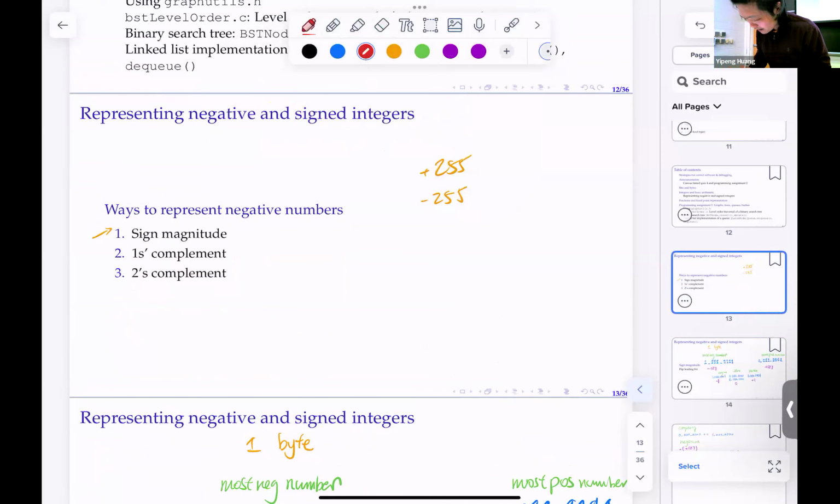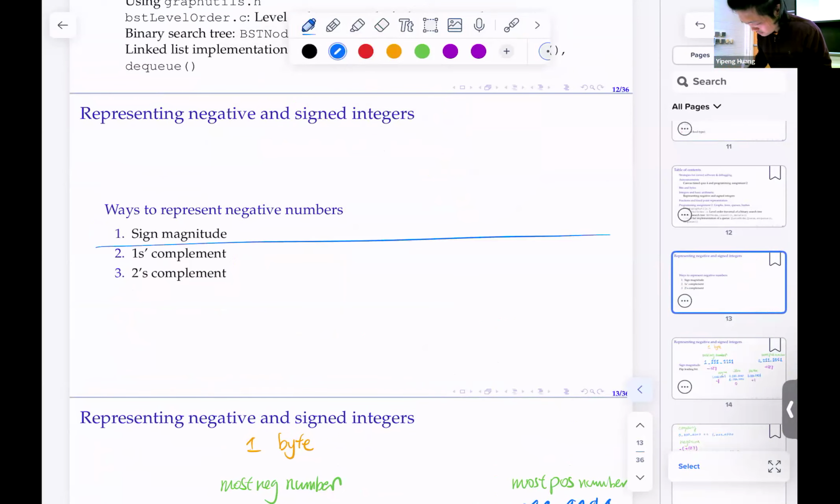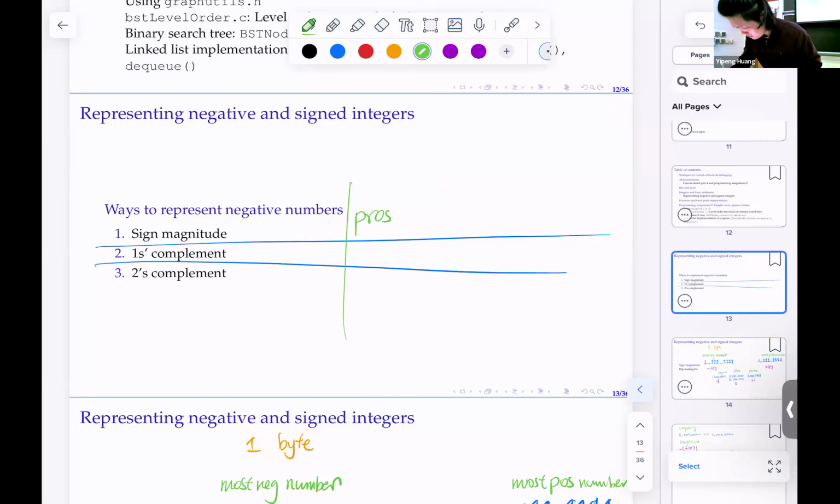So pros of the sign magnitude approach. We can summarize on this slide here. It's intuitive. Okay, intuitive, that's always good.